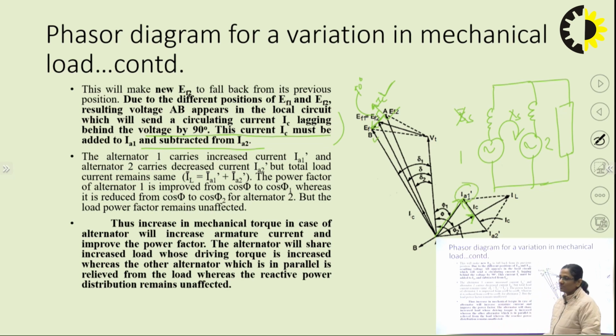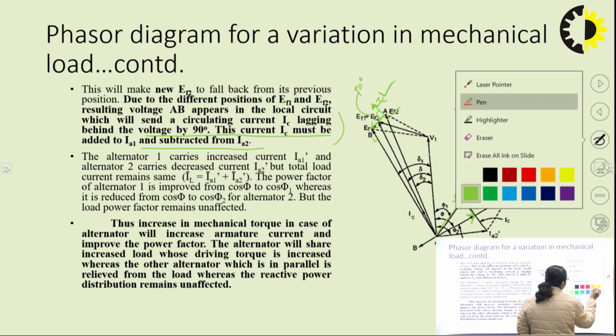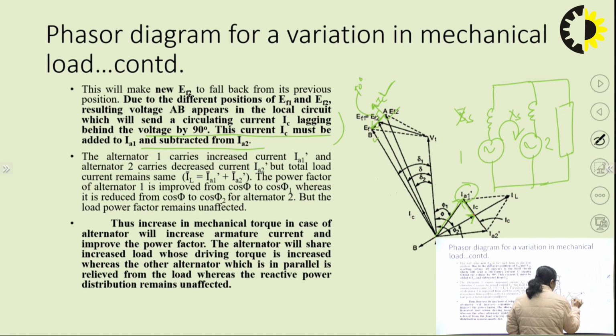Let this current be IA1 dash. At the same time, to get the new current of alternator 2, we have to subtract the current IC from the initial current carried by alternator 2. So, the new current carried by alternator 2 is going to be IA2 dash.